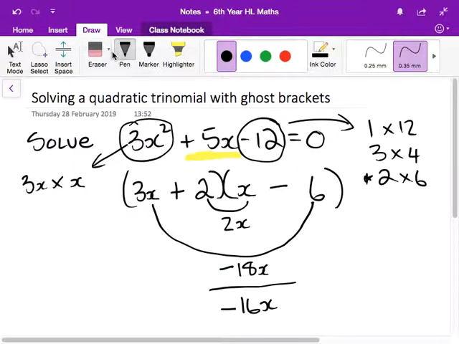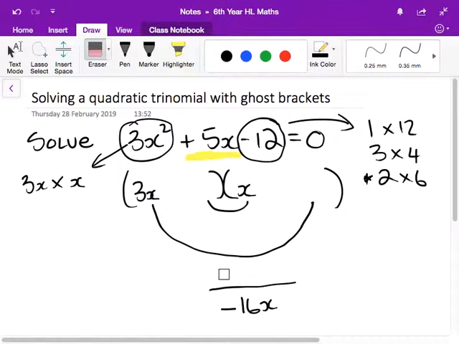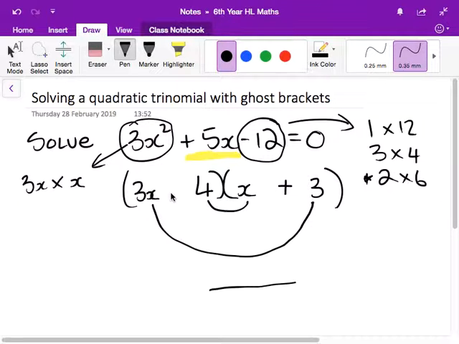Okay, so if I go back, this time I'll use the 3 and the 4. If I put the 3 here and the 4 here, then one has to be a plus and one has to be a minus.